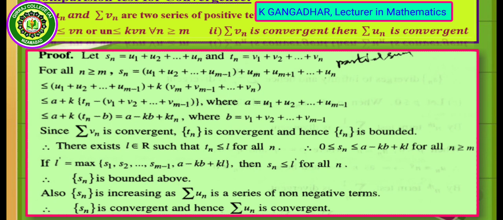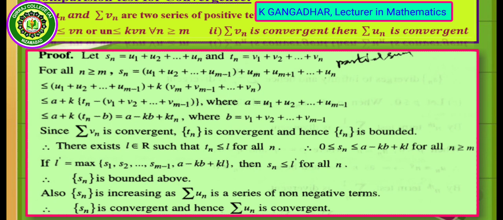Now, if sigma vn is convergent, what about its nth partial sum Tn? If the series is convergent, then its nth partial sum also converges. If the nth partial sum is convergent, then the sequence is bounded.